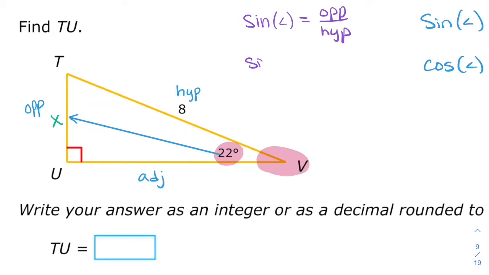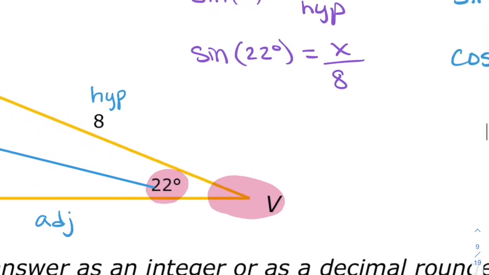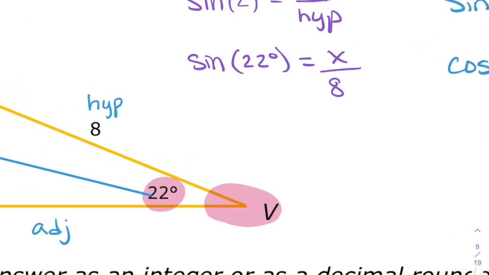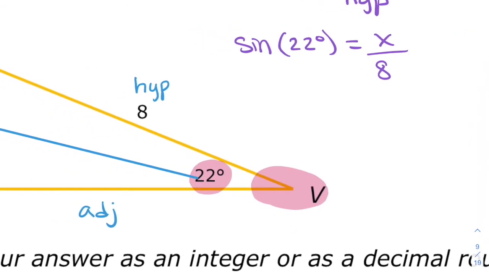So the sine of 22 degrees is equal to opposite, which is x, over 8, which is the hypotenuse. Notice all I did was substitute in the pieces of information that I knew and the variable as well.